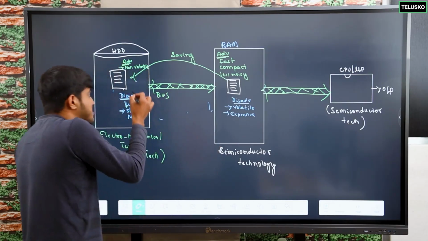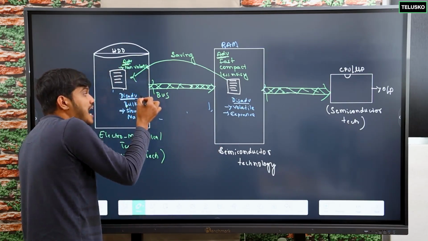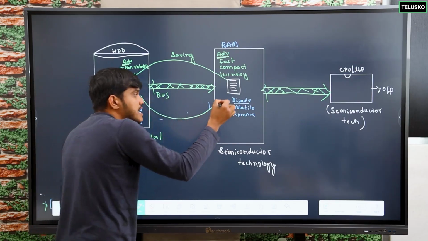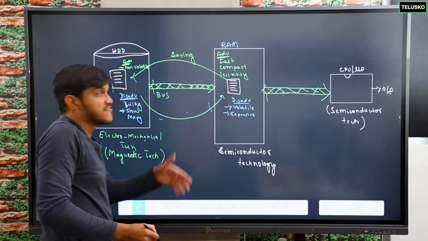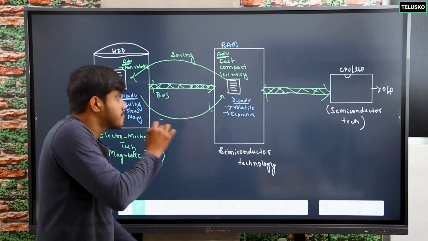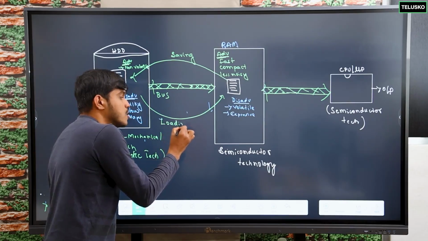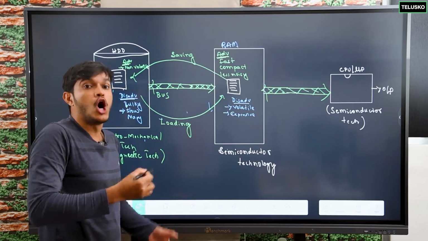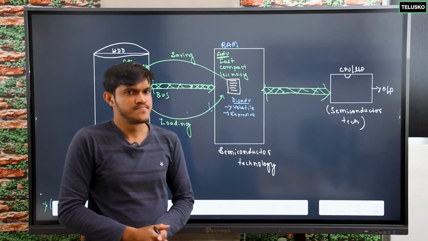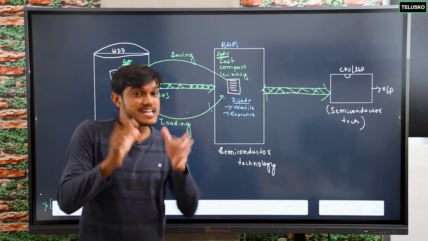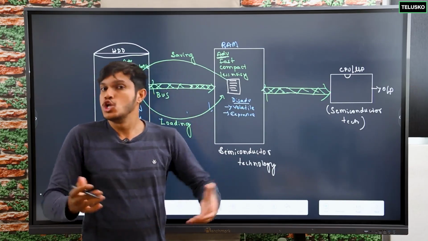The process of getting the data from the hard disk onto the RAM so that it can further be executed, that process technically we call it as loading. I hope now you are able to connect the dots, the meaning of saving and loading.